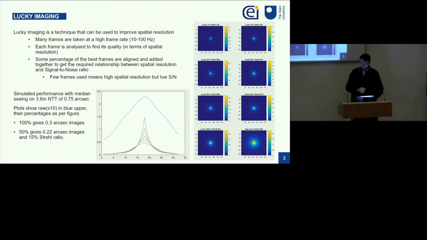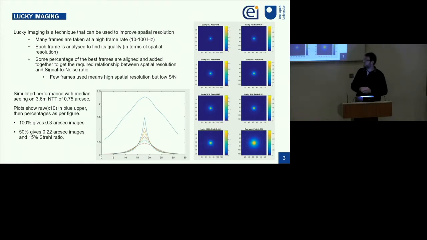Shown at the bottom here, the top blue curve is the raw long-time exposure, and if you do high frame rate imaging and just do simple shift and add, you can get a 2.5 to 3 times improvement.